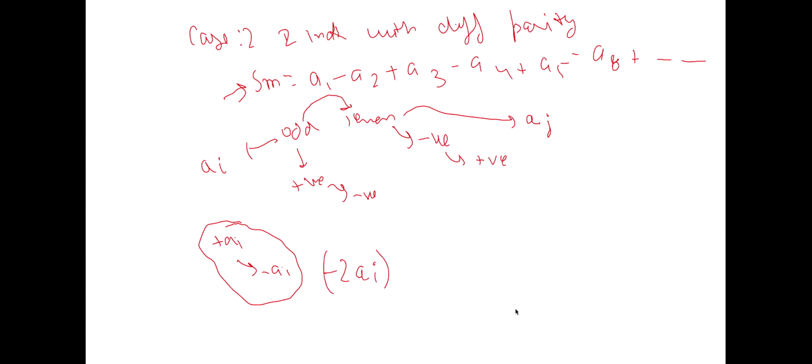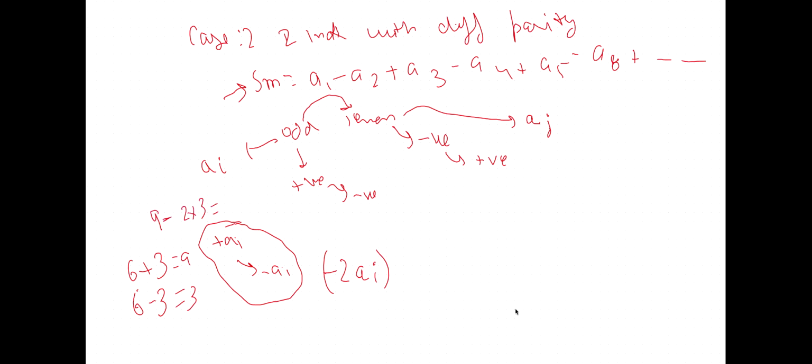Why? Let's say that initially it was 6 plus 3. Okay, this is sum of 6 and 3. And now this positive 3 is changed to negative 3. So you do it like this. So 9 and this is 3. So how much difference did you make? 9 minus 2 times this 3.